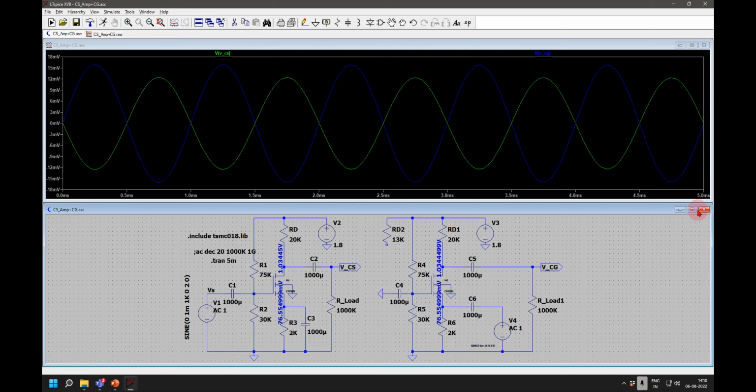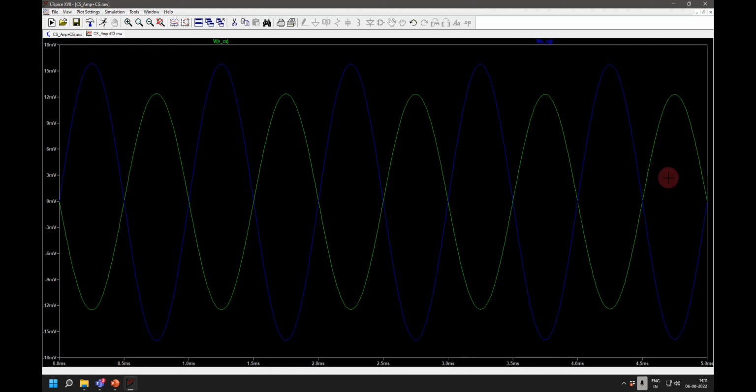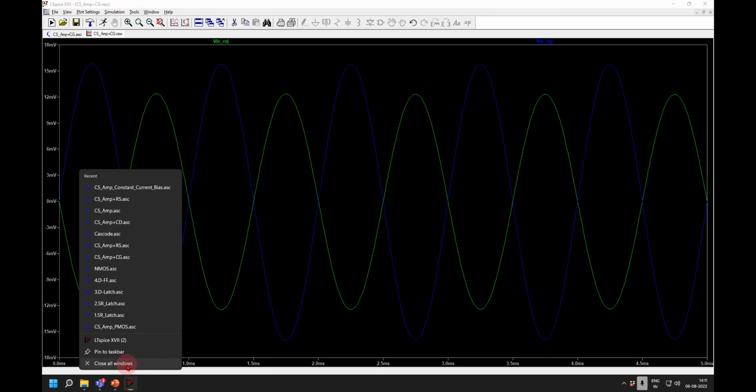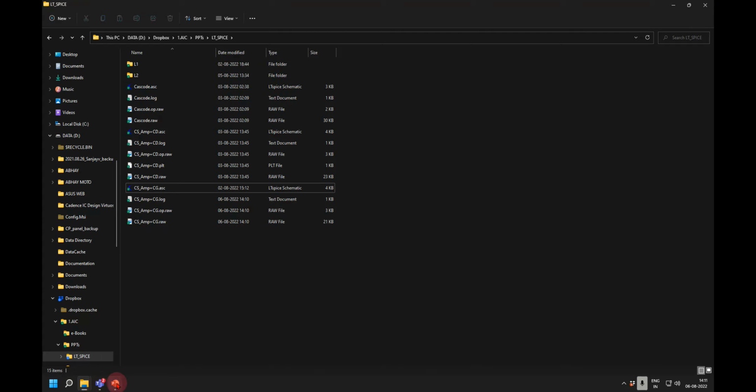You can also note that in the CG amplifier, the signal is in sync with the input signal, whereas there is a phase difference in the other. So this is the advantage of having a CG configuration. Is it okay with all of you? So marginally higher gain and higher frequency. We have seen that.